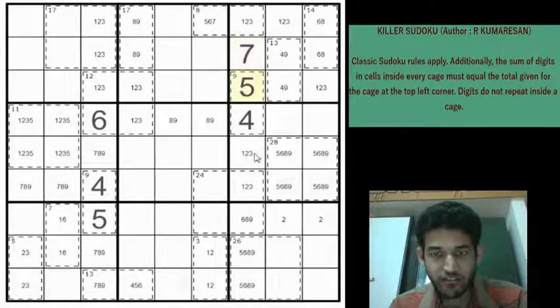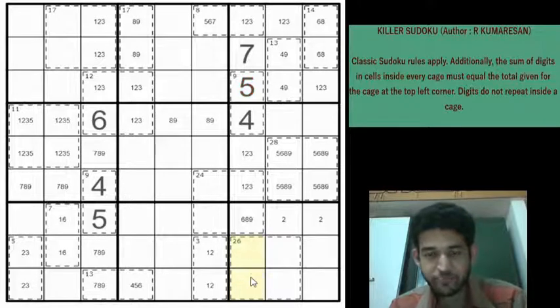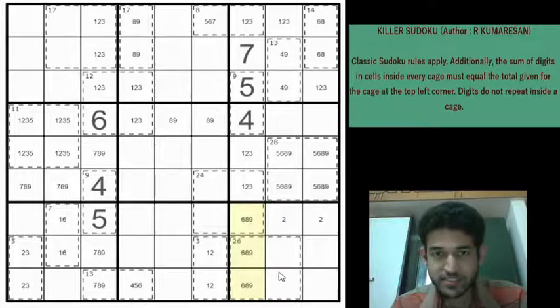And because of the 5 here, we can eliminate the 5 from these 2 cells. So this will be 6, 8 or 9. So these 3 cells will be 6, 8 or 9. And okay, 2 must be in one of these 2 cells, and a 7 in row 4 if you see must be in these 2 cells, right?